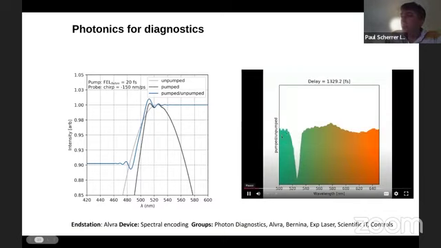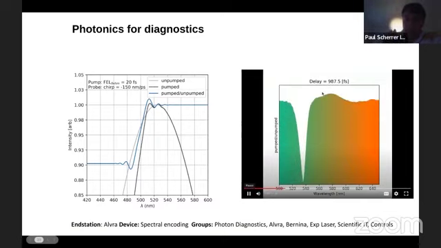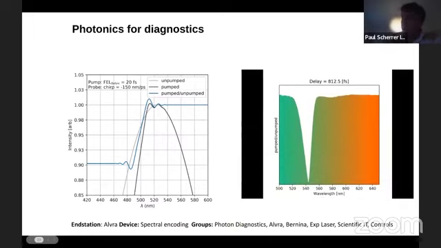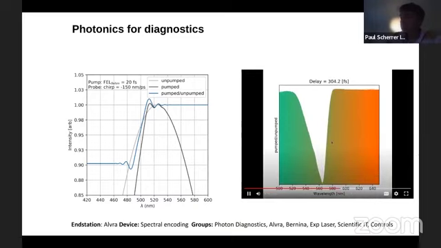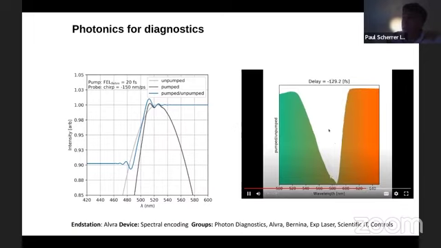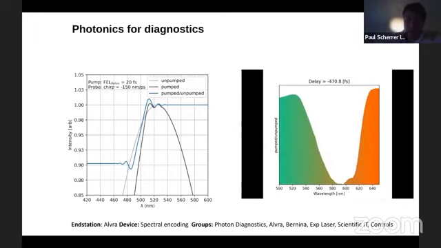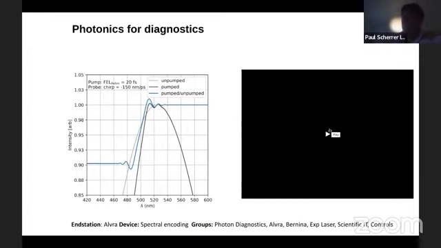As we delay the arrival time between the X-ray pulse that perturbs this system and the chirped white light pulse, for example between 500 and 600 nanometers, we can measure a small change in reflectivity, and by fitting this edge, we can tag the relative arrival time between these pulses down to a femtosecond or a few femtoseconds in our time resolution.